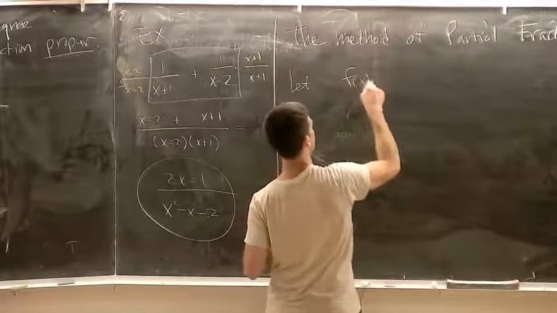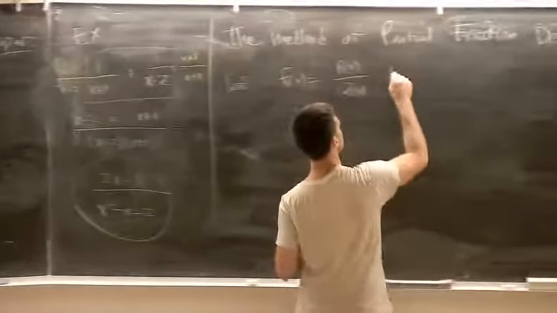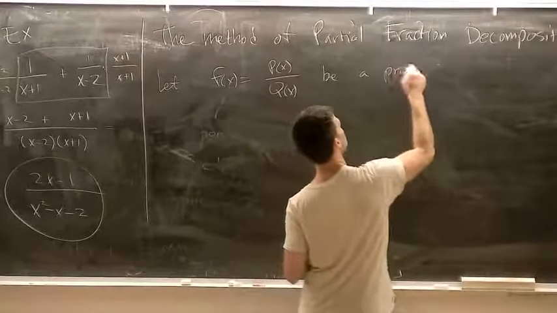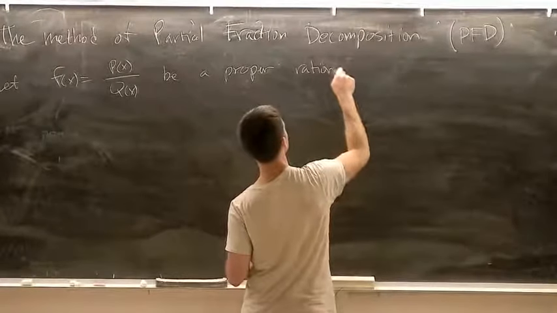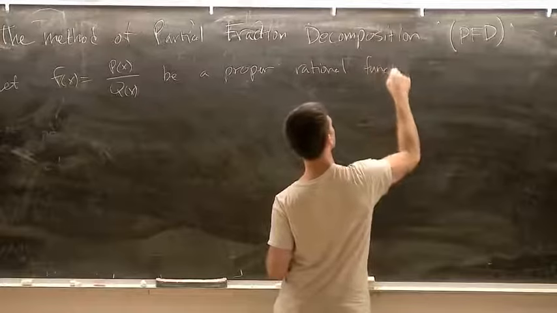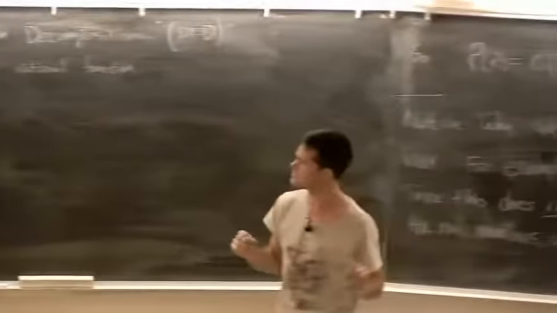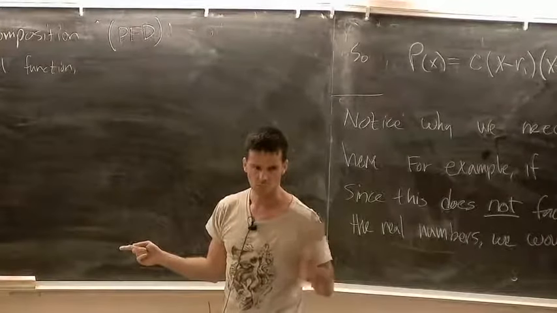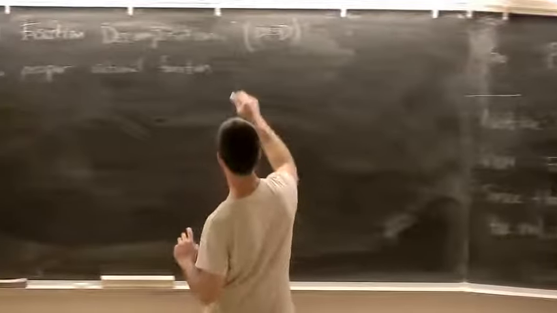Let f of x, which is p of x over q of x, be a proper rational function. And furthermore, I don't want any repeated roots in the denominator. We'll get to that eventually, but for now, no repeated roots in the denominator.